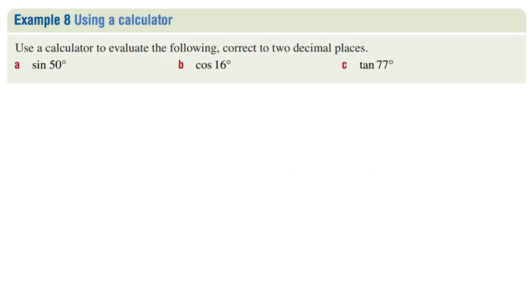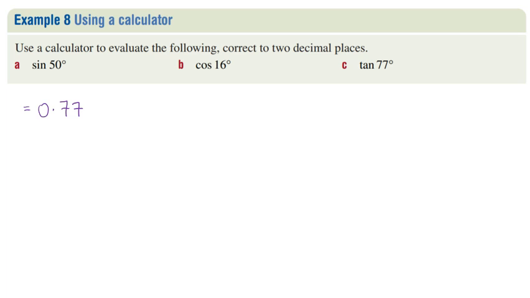Alright, so now I just want you guys to practice using the calculator. So on your calculator, I would like you to press the sine button and then type 50 and then press equals and see what you get. So you should get the answer 0.77. If you don't get that, then you're either pressing the wrong button or it's in the wrong mode.